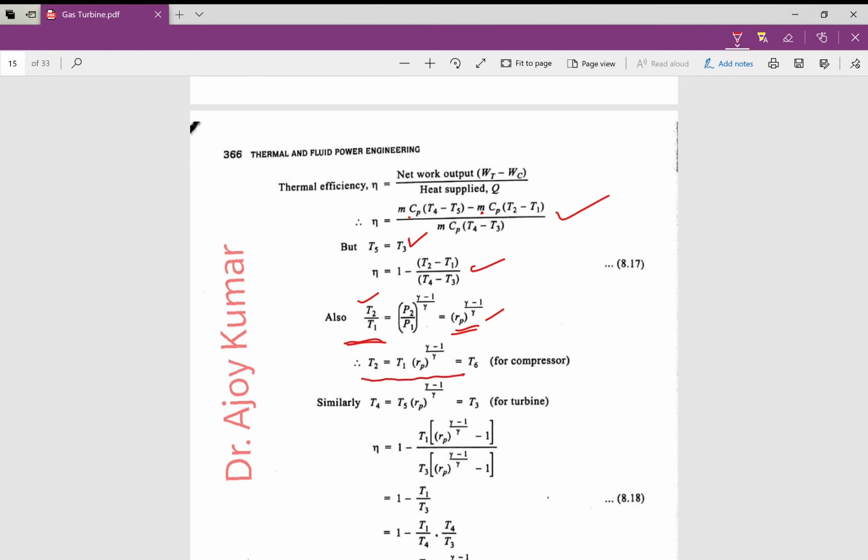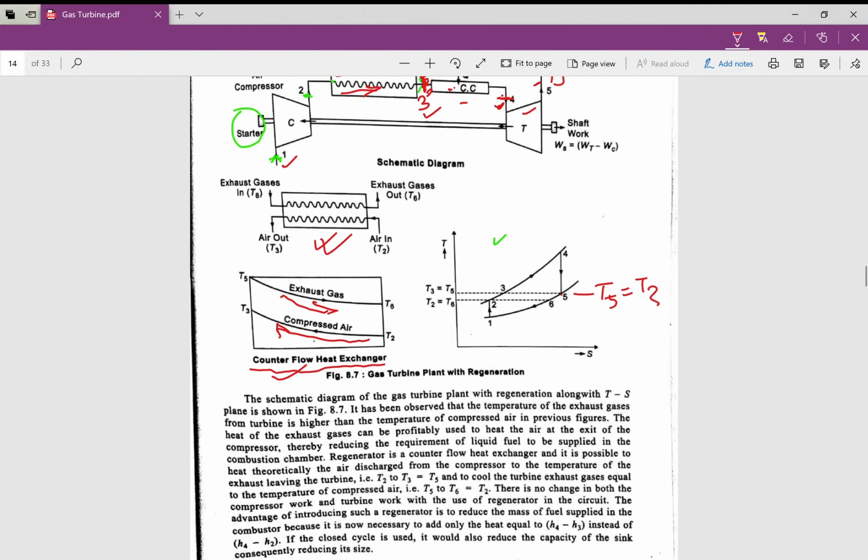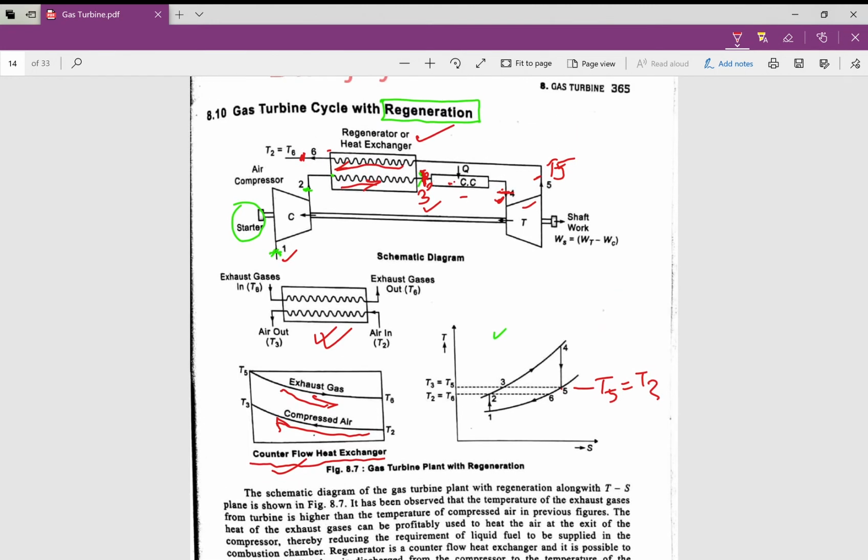Now this T2 is equal to T6 for the compressor. Let us go to this diagram. We have seen already, T2 is equal to T6.